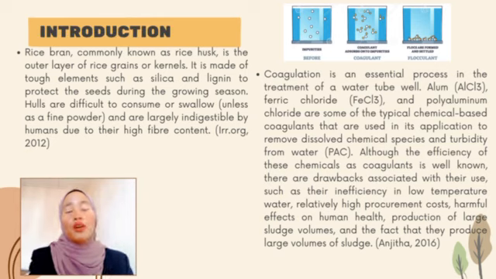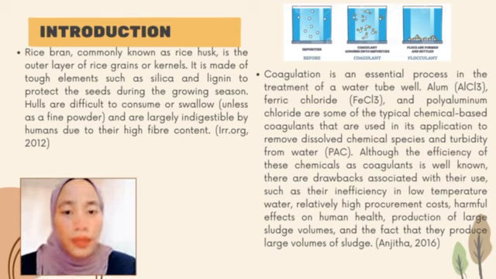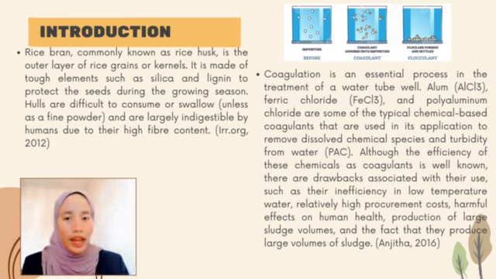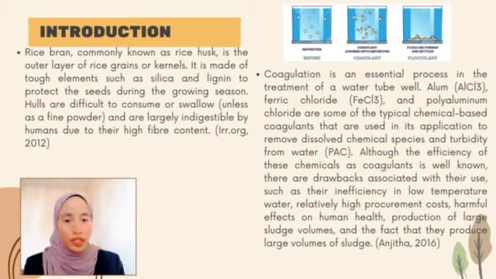Next, coagulation is a natural process in the treatment of tube well water. Chloride are some of the typical chemical based coagulants used in its application to remove dissolved chemical species and turbidity from water.